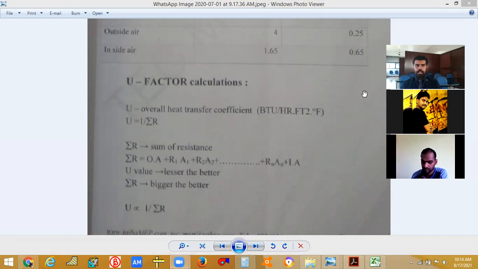So if the architect or the concerned person didn't give you the U factor or U value, you can calculate like this. Okay. So once you finish this, you just give a thumbs up.